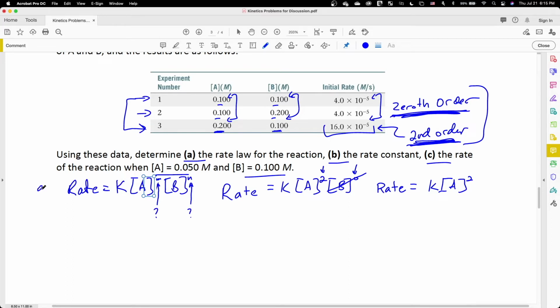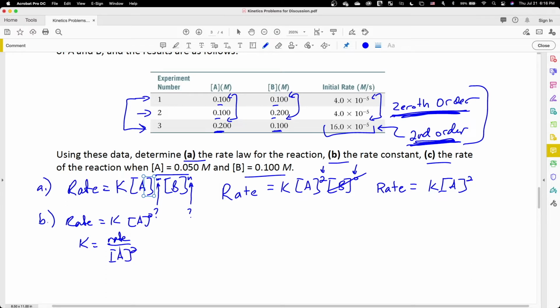It's great. Answering A was pretty easy. Okay, let's do B then. Now that we know what the rate law is, which is the rate equals K times A squared, for a second order reaction, we can rearrange this to say K equals the rate divided by the concentration of A squared.